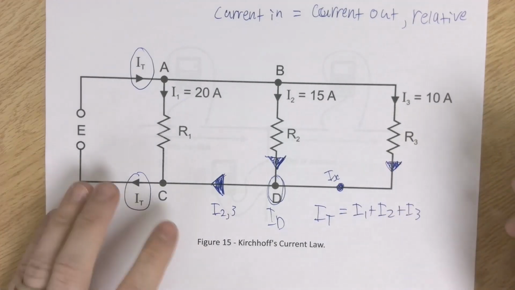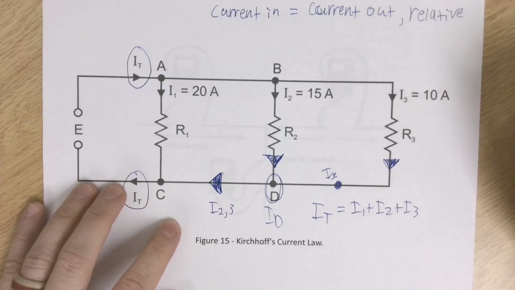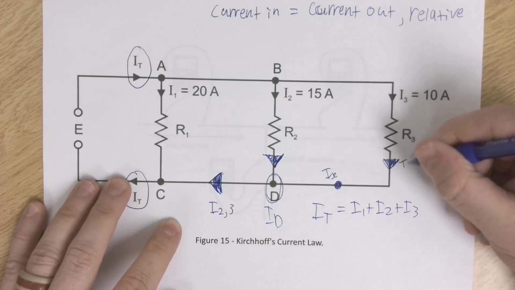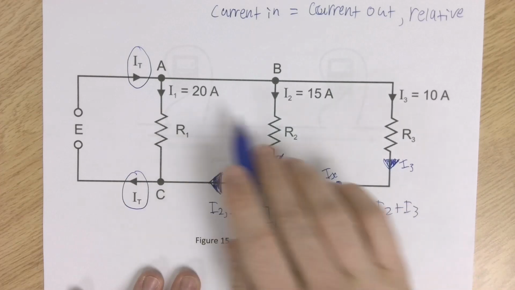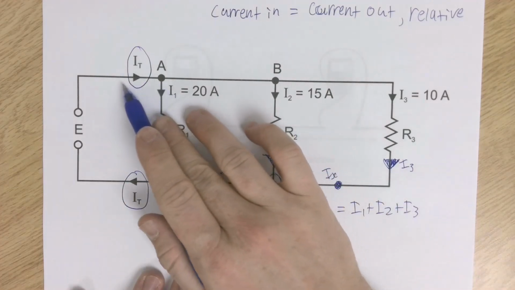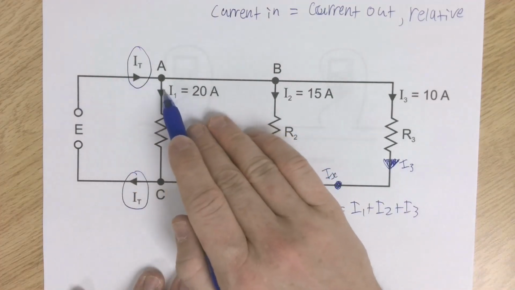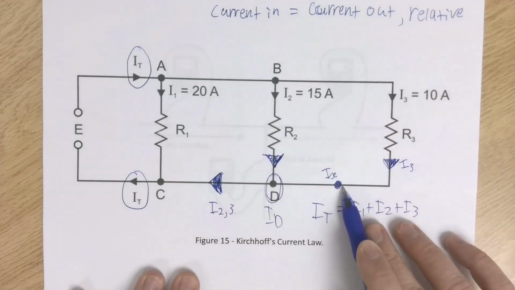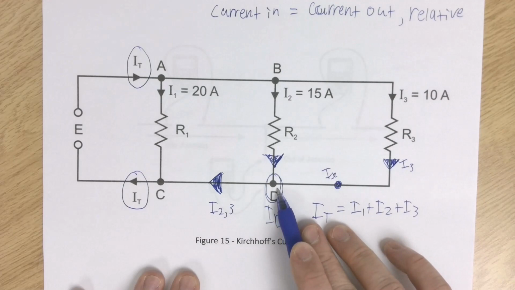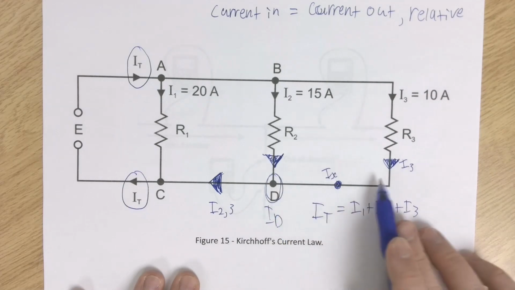Now, if it gives you a diagram and it's asking about current, I would recommend labeling with arrows to give yourself the idea of, okay, the I total's right here and it's dropping down this branch, and this branch. So as I come around here, before I hit this junction point, before I hit this node, I only have R3.